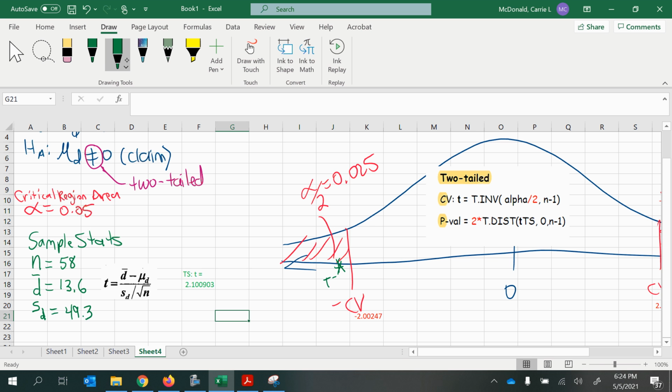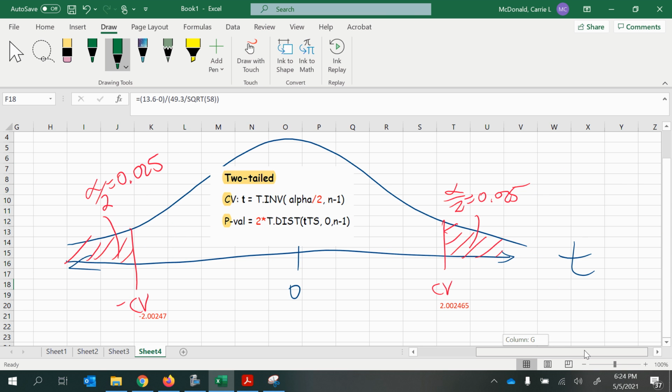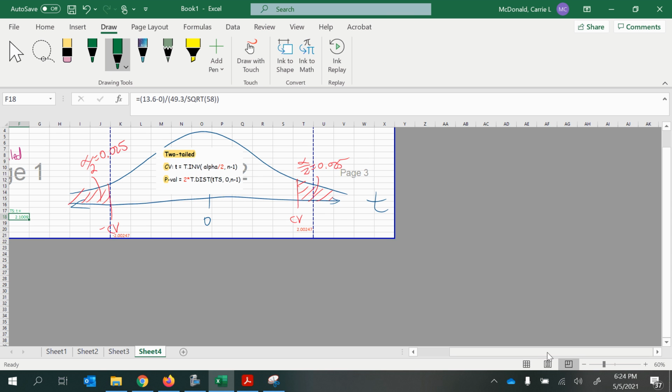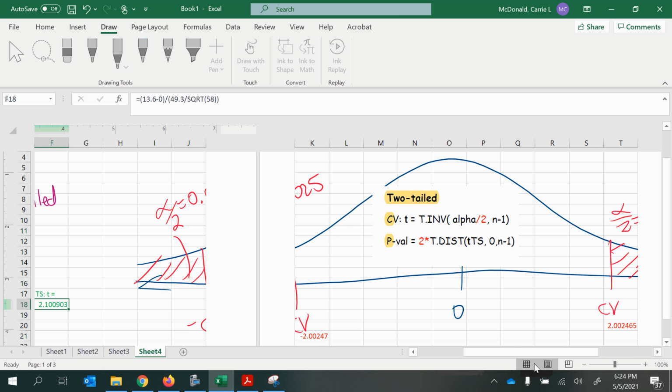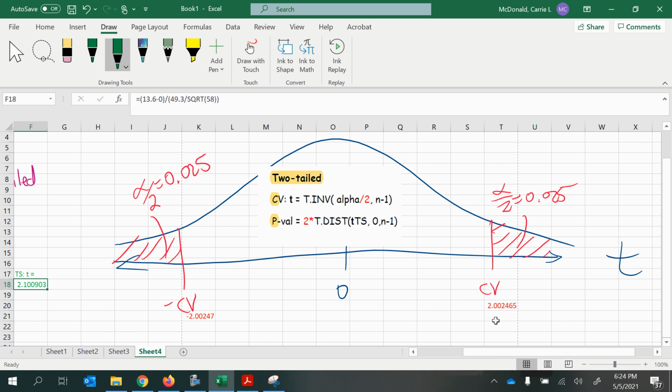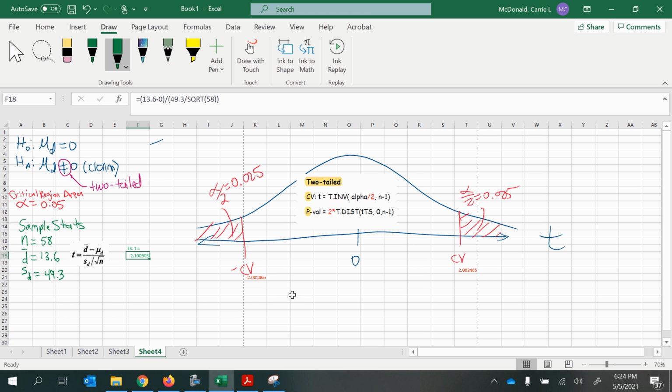Our test statistic is, well, now notice that it's positive. So this would actually be on the right side, 2.10, right? So I'm going to write that over here, 2.10.